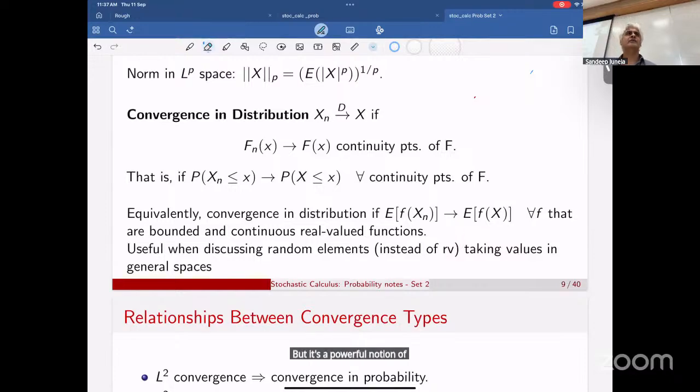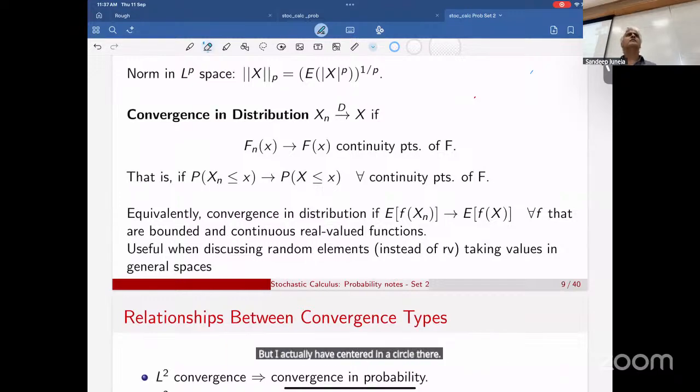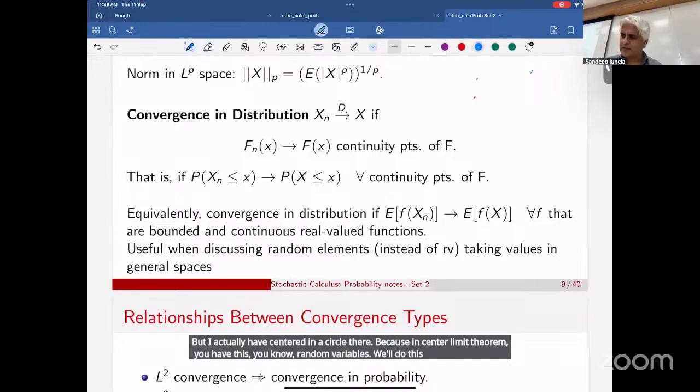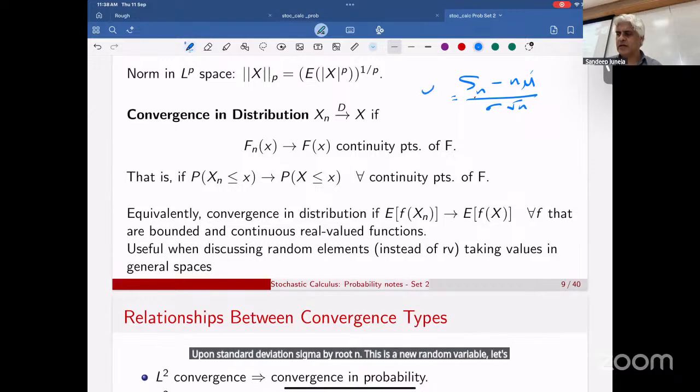As I said, the central limit theorem kind of motivates this. We'll do this, by the way. In the central limit theorem, you have the sum of n random variables, Sn, minus n mu, upon standard deviation sigma times root n. This is a new random variable, let's call it Yn.